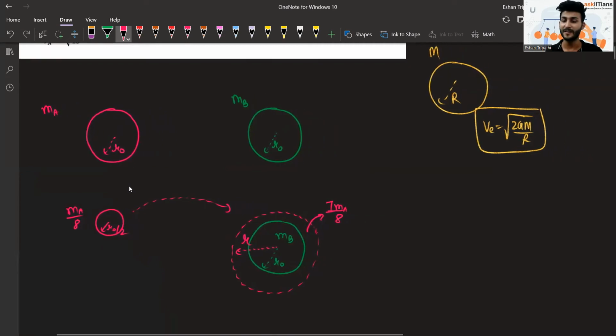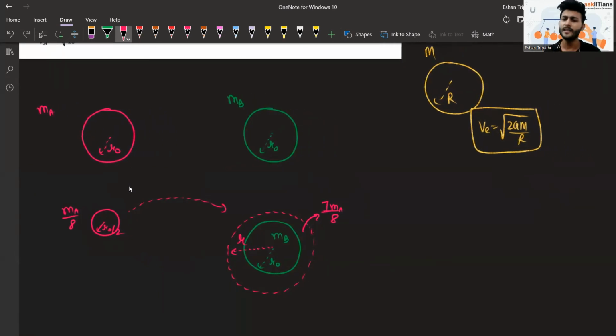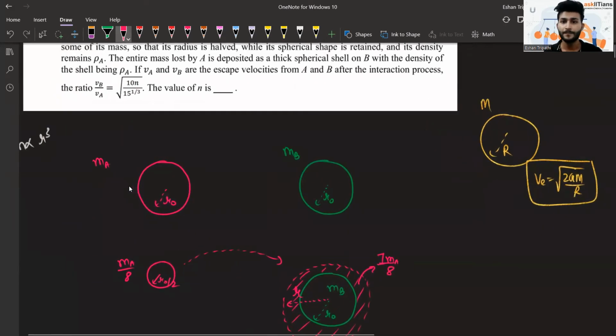Now we are supposed to find basically what is the new radius to be able to find the escape velocity. For this, we are going to just say that this mass or this volume has created the increase in its volume. It is also given that this new layer which has deposited has the same density as this.